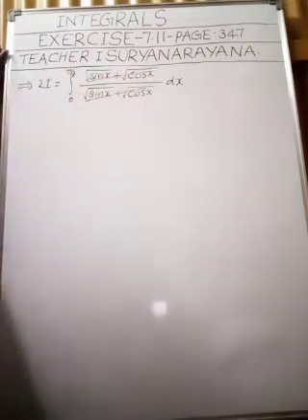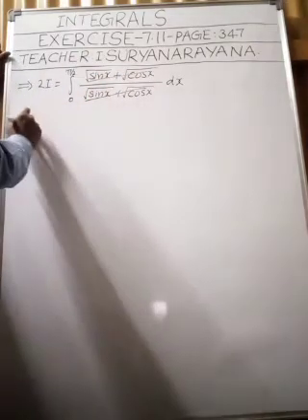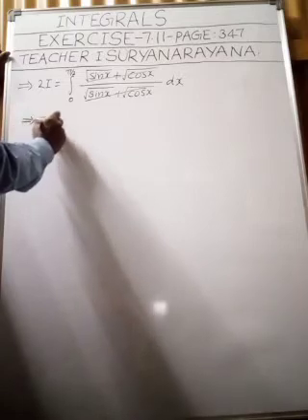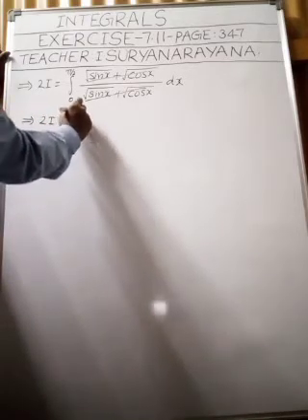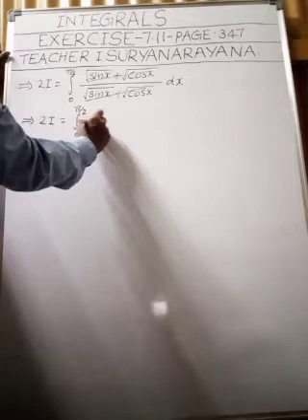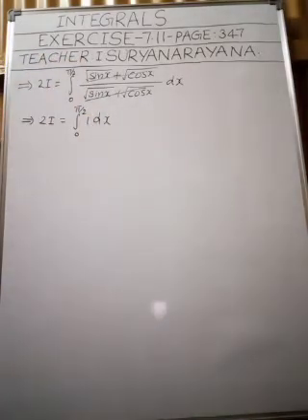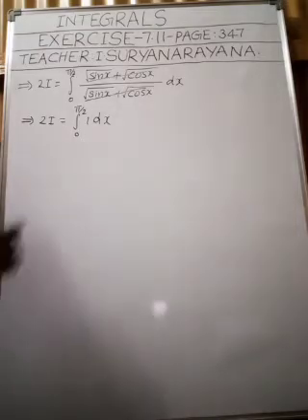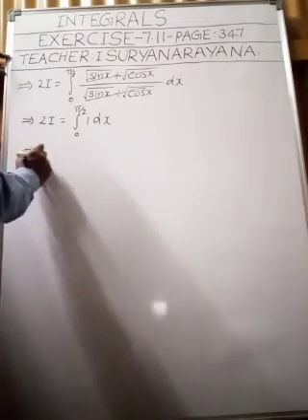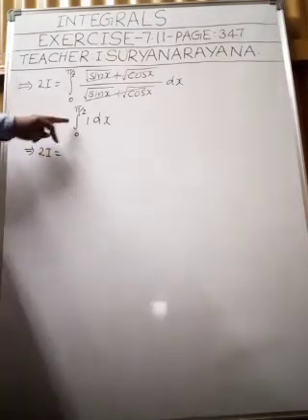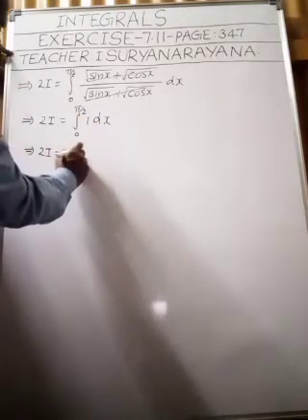Both will get cancelled. This implies 2I is equal to the integral from 0 to pi by 2 of 1 dx. After cancellation, we get here 1 dx. Understood this step, my children? This implies 2I is equal to the integral of 1 dx. What is the integral of 1 dx? x.